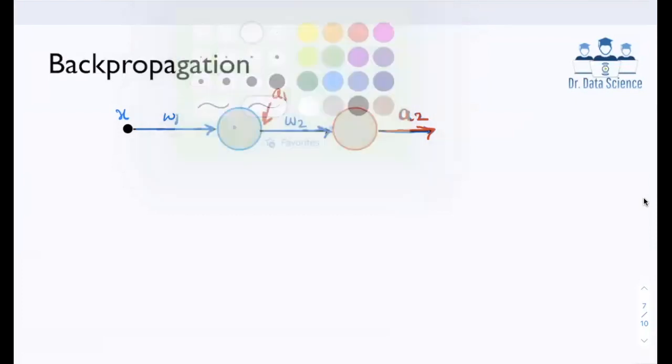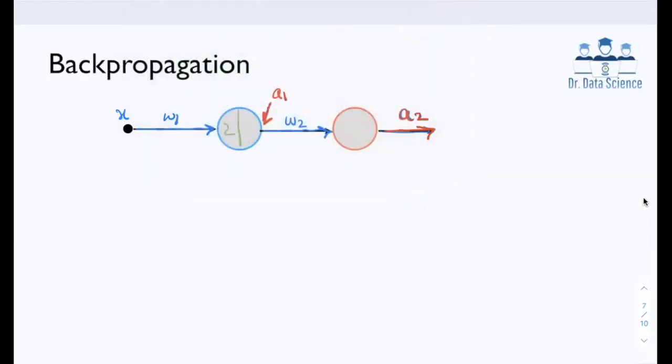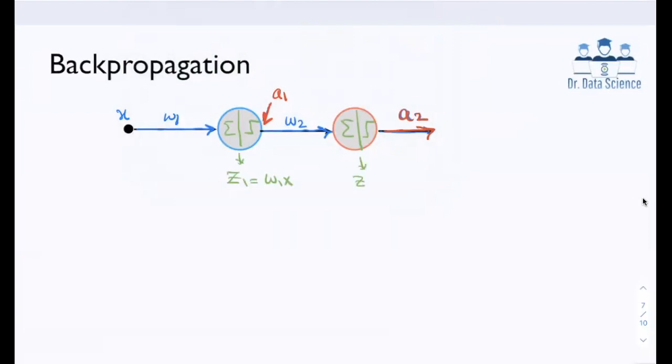One way I can make this simpler is to, again, show what we had in the previous slide, the sigma notation and the function that we have. Here we can see Z1, which is W1 X, and Z2, which is W2 times A1. That's the point I made in the previous slide: for this red neuron, the input is from the previous neuron, which outputs A1.